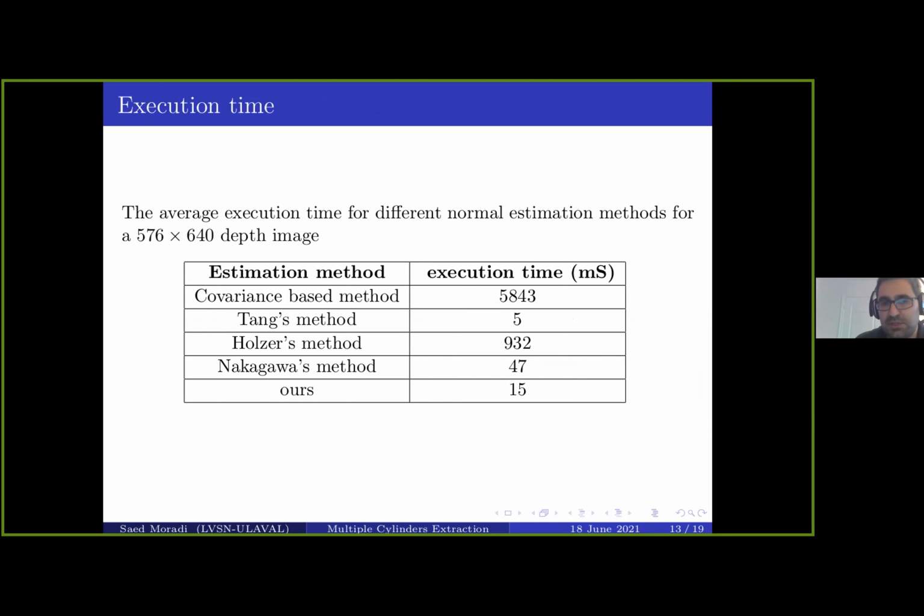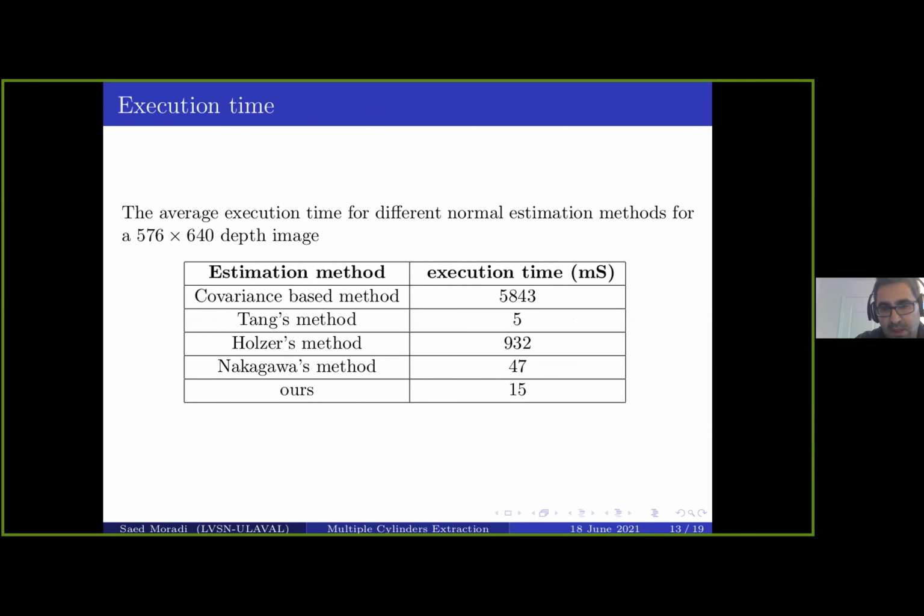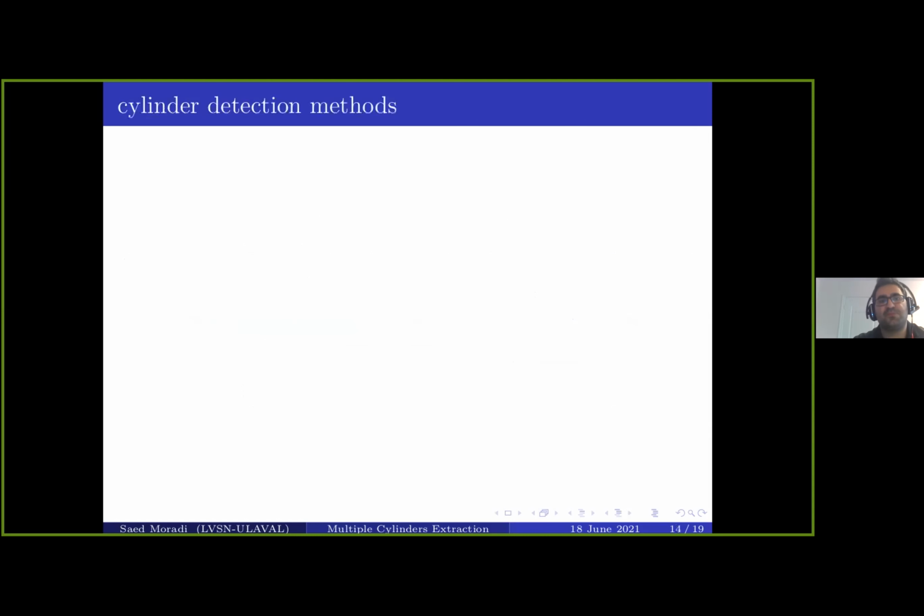Tang's method is the fastest, but as shown in this figure, it has bad quality for the normal estimation. Neglecting Tang's method, our method is the fastest among these three methods. Okay, let's go to the cylinder detection part.